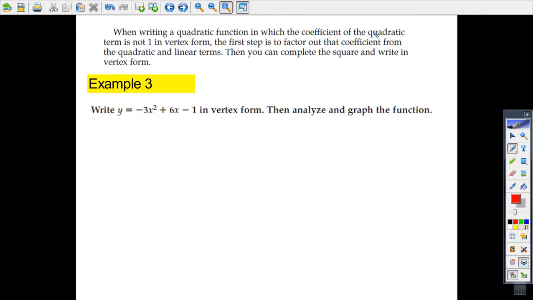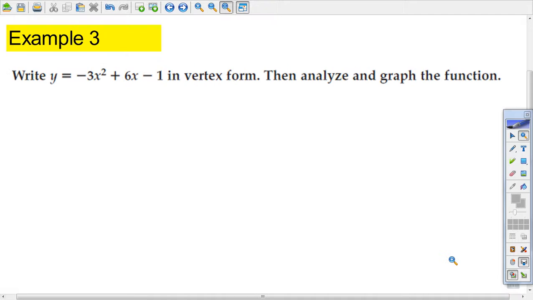So for example 3, I have an a value that is -3. So normally if there was a 0 on the other side of the equation, what would we do? Divide everything by -3.